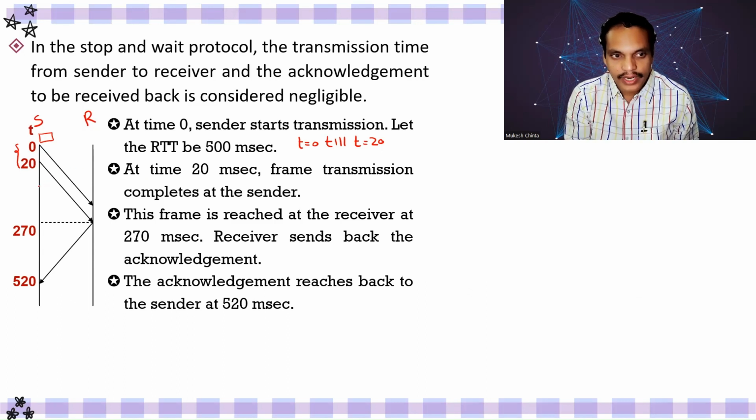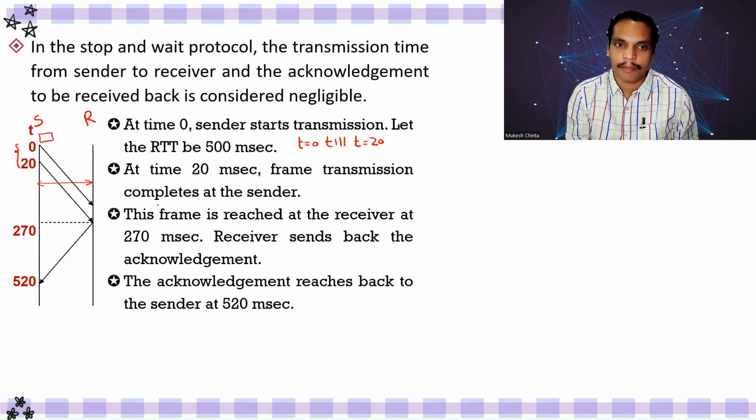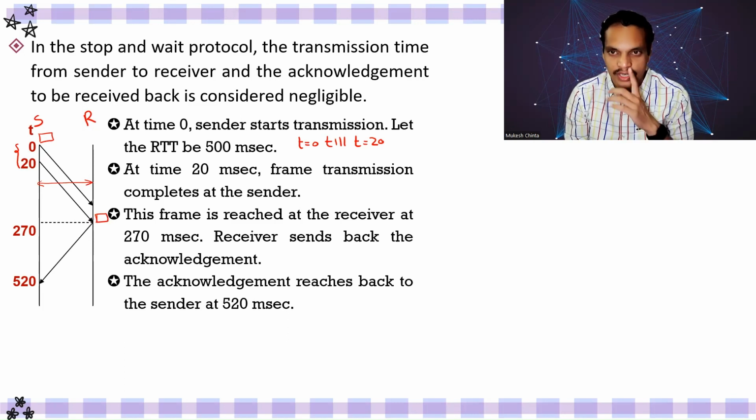Assume that it takes 250 milliseconds from the sender to the receiver. So as I said, at time 20 milliseconds, the frame transmission completes at the sender, and this frame reaches the receiver at 270 milliseconds. So at 270, this entire frame is received at the receiver. The receiver does the error checking process and everything.